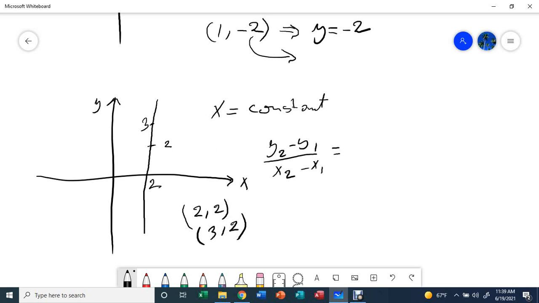Let me make this not 2, because I don't want to confuse you with 0 in the numerator. That's fine, but let's change this to, for example, 1 here.